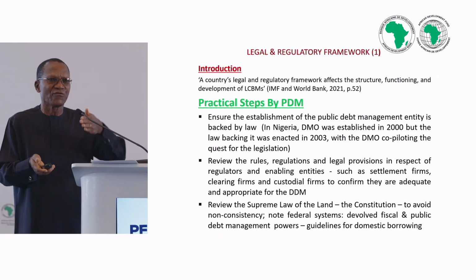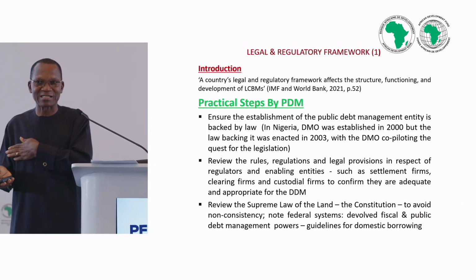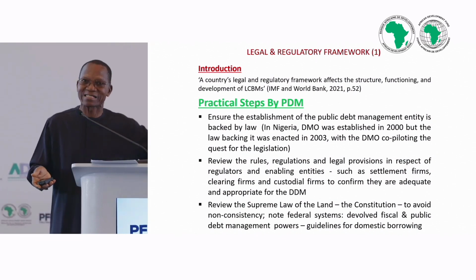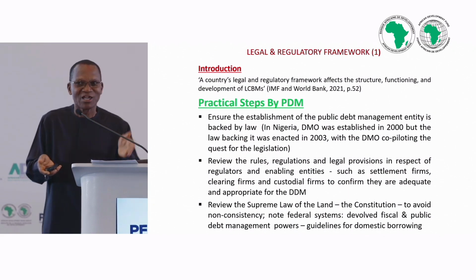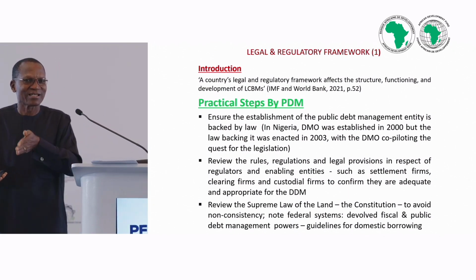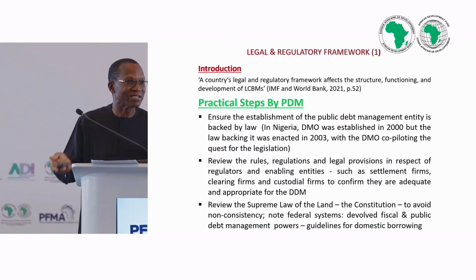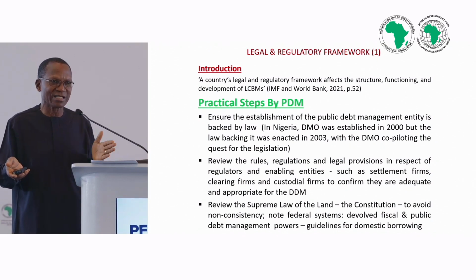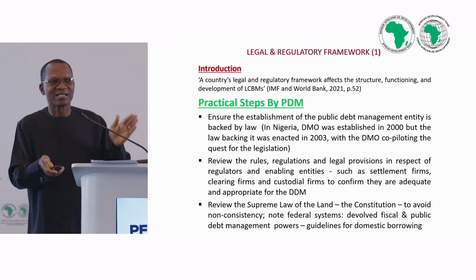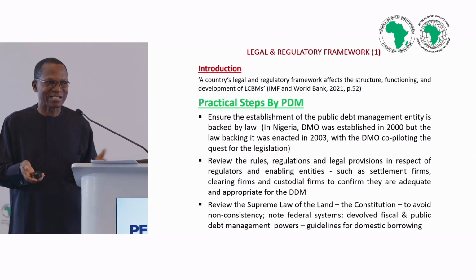Because ordinarily, if a bank invests in a 20-year bond and it does not count as part of its liquid asset, then it will be under pressure to satisfy that requirement if the liquidity ratio is 20%, for example. But if it has already been accepted that this investment in a 20-year FGN bond is part of your liquid asset, then it reduces your pressure to satisfy that requirement. Are you getting it? Okay, so that's why I'm saying that the DMO has to look at the rules and regulations affecting the various participants to know how it can advocate for changes.